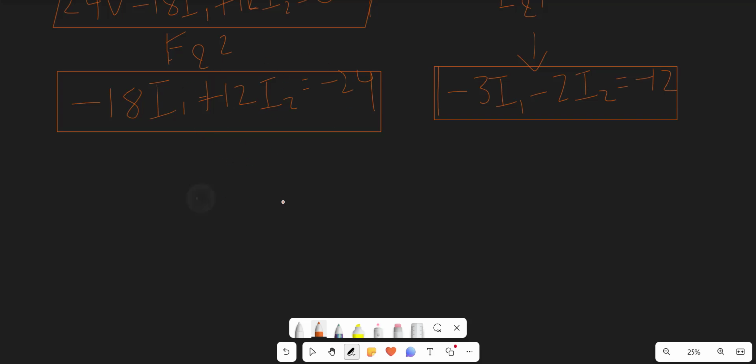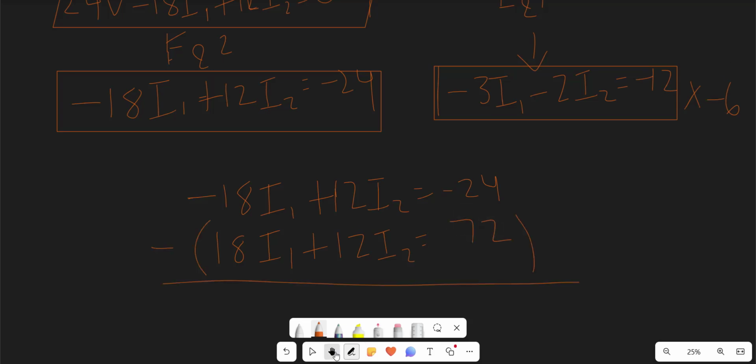So first, let's just start by writing negative 18 I1 plus 12 I2 is equal to negative 24, so that's our loop 2 equation. And then if we scale this up by negative 6, negative 6 times negative 3 is 18 I1, and then negative 6 times negative 2 is 12, so this is plus 12 I2, and then negative 6 times negative 12 is positive 72.